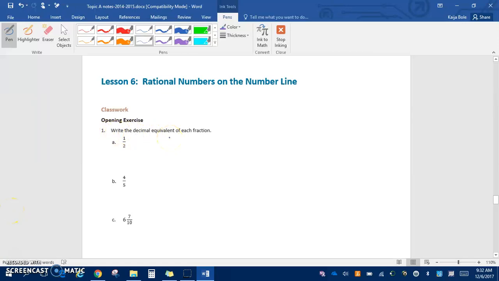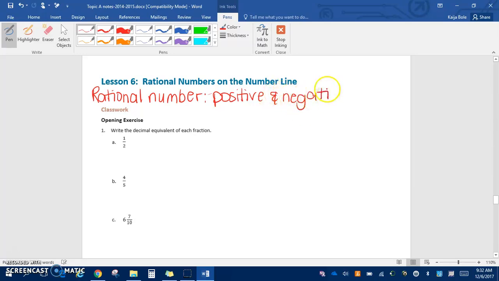Alright, so here we are on lesson 6, rational numbers on the number line. Before we get going with our examples here, I do want to have you write down a little definition of a rational number, just so we remember. A rational number, those are positive and negative fractions and decimals.